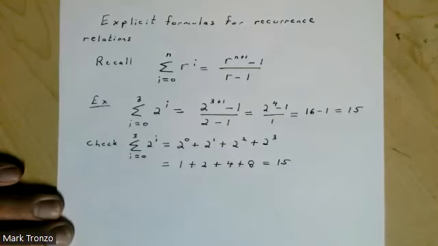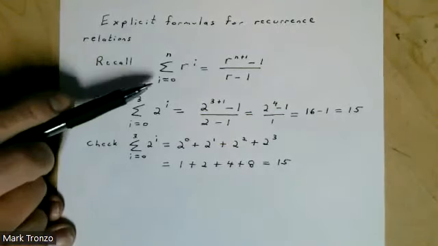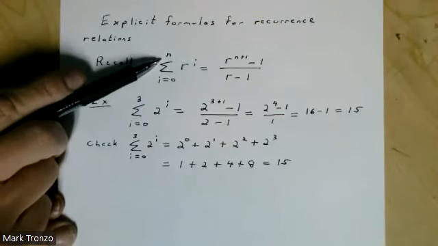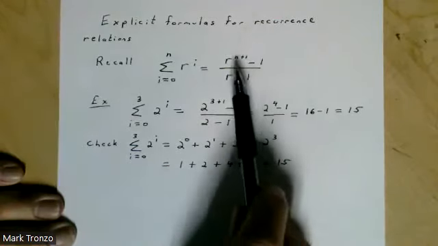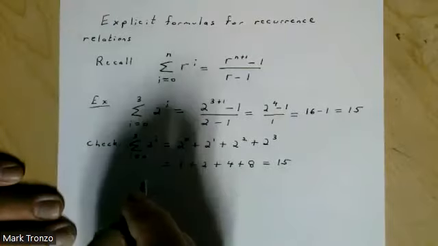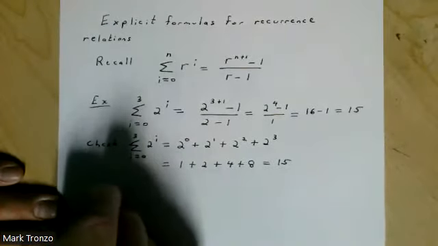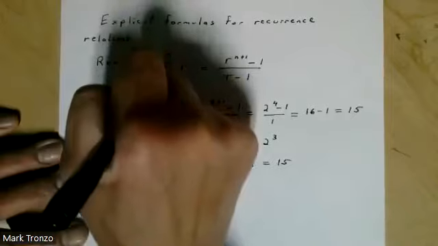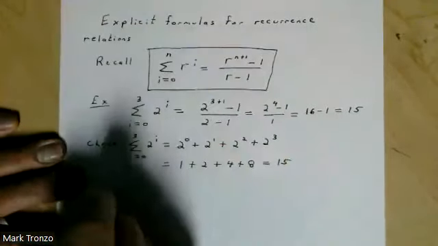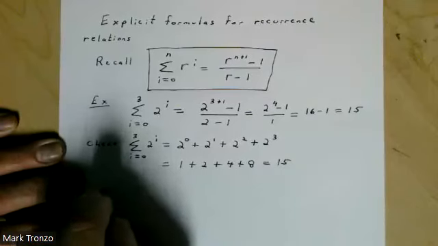Now, suppose that your sum doesn't go from i equals 0 to n, but goes to, say, n minus 1. Then what you do over here, you reduce this by 1. So this is kind of the main form, and so you can adjust that.